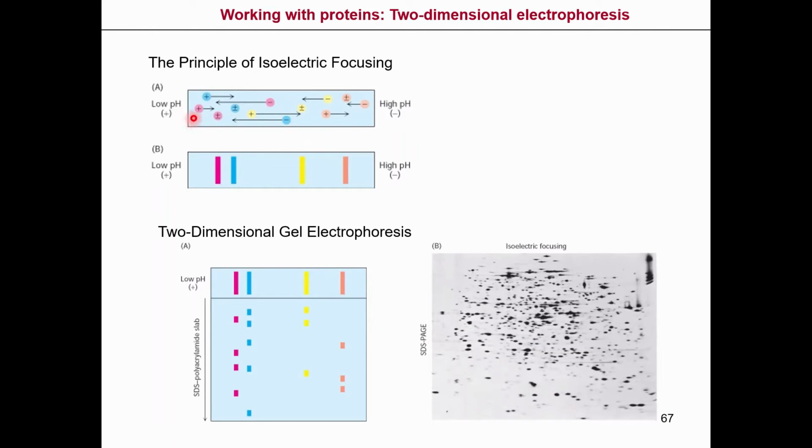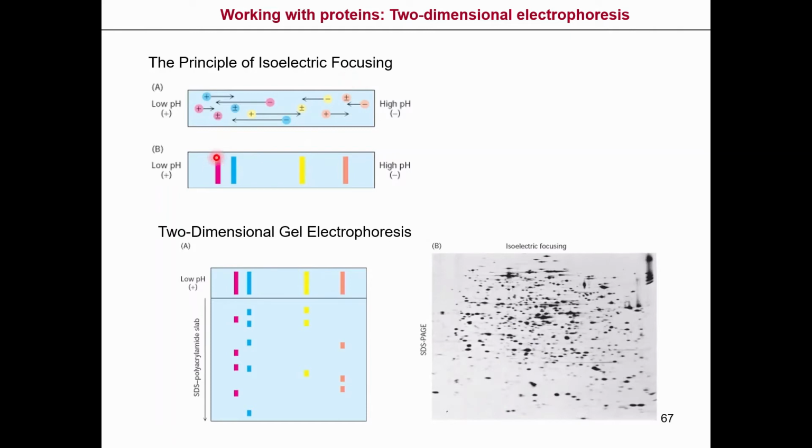If they are positive, they will go to the high pH, and if the proteins are negative, they will go to the low pH. Okay, they will move until the pH in this gradient corresponds to their pI, because when the pH is equal to the pI, the protein is neutral and cannot move anymore.